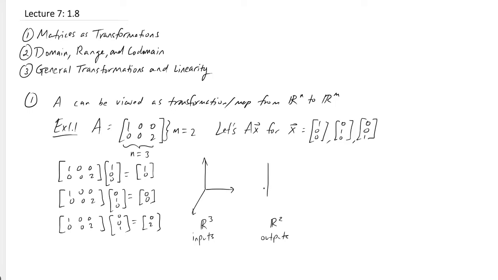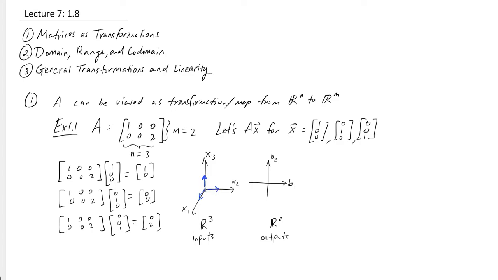So we have x1, x2, x3. And then our outputs we'll call b1, b2. It's a b vector and it has 2 coordinates. Okay, so our inputs are going to be (1, 0, 0), (0, 1, 0), and (0, 0, 1).